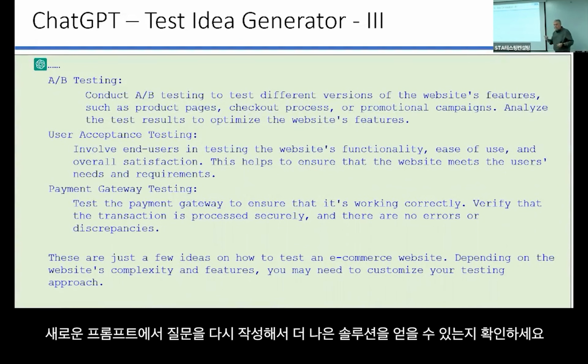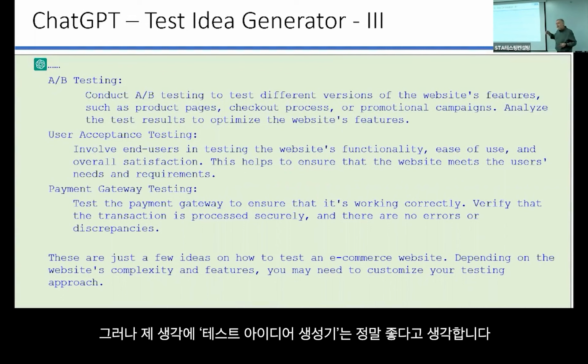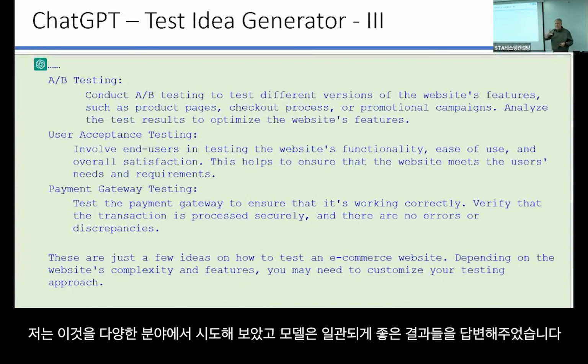You could have come up with a better prompt to get it to give you what you wanted, in which case, have another go. Rewrite the prompt and see if it comes back with a better solution. But the test idea generator, I think, is great. I've tried it on lots of different areas, and it gives you good stuff.